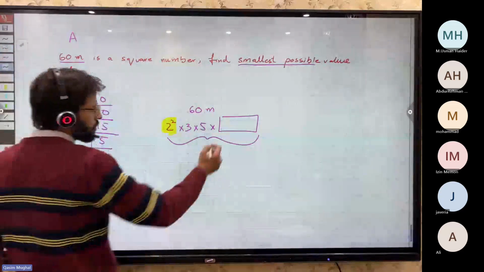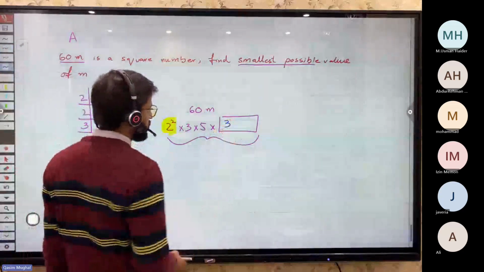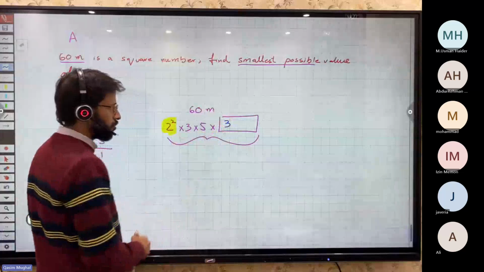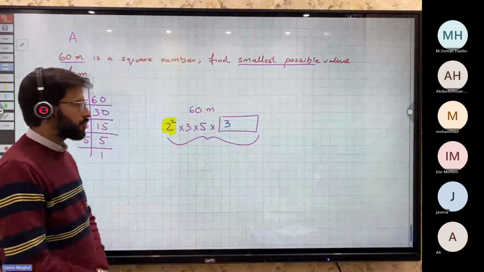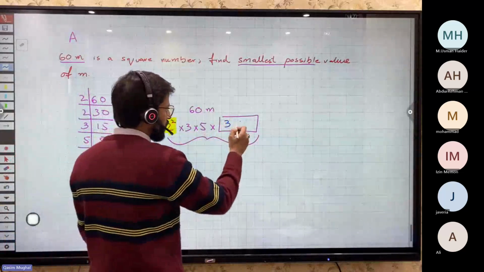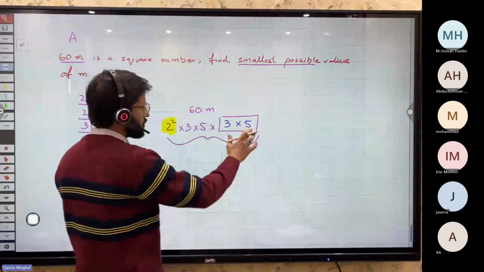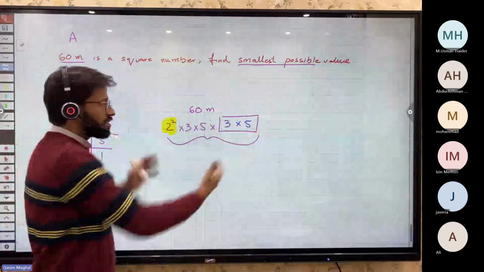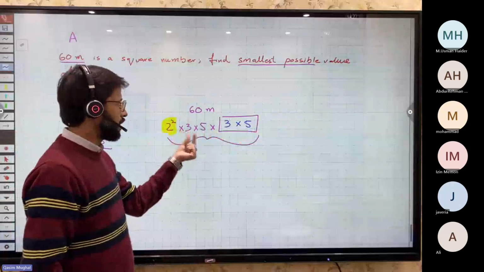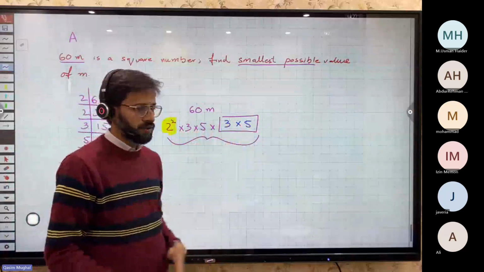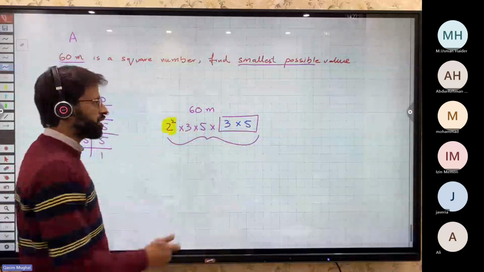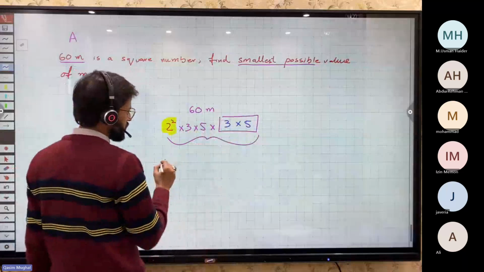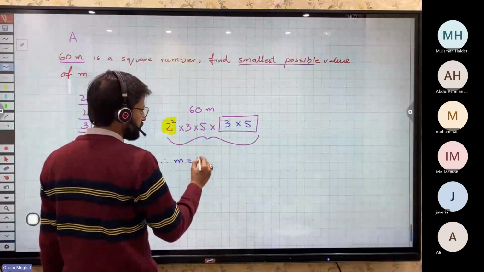If I put a 3 here, this 3 and this 3 combined together is 3 squared. I have one 5, and if I put another 5 there, this 5 and this 5 combined together is 5 square. Now, if you look at the complete number, 2 square, 3 square, 5 square, we have the group of squares. Therefore, the number m is 15.